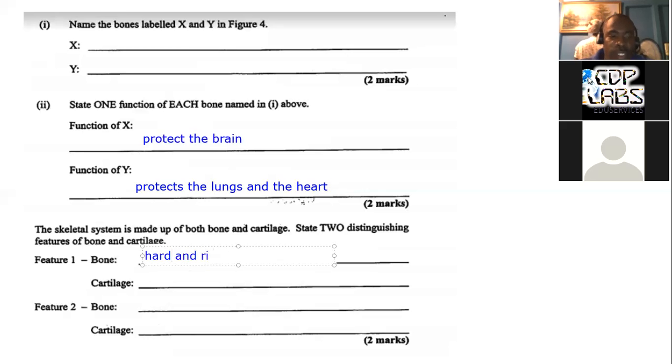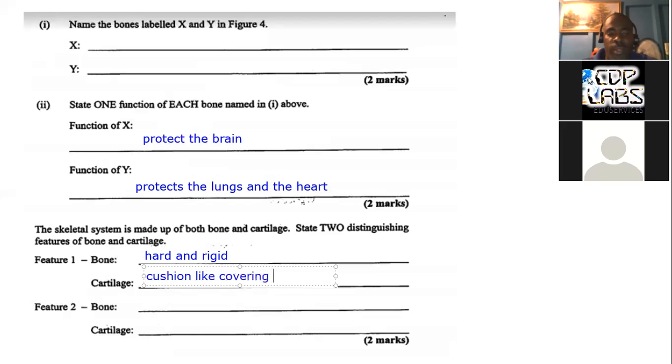Hard and rigid. You can't still help me, okay? Alright, cartilage now. Cushion like covering bone. Now you choose to give me that one, eh? Alright. Your time now, Chevel.